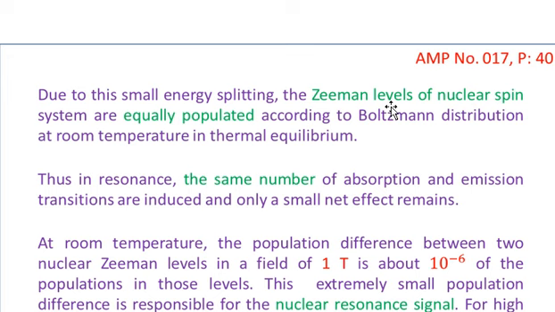If you increase the magnetic field in the same setup, then you know that these will be called the hyperfine levels of the nuclear spin. So if you consider a small magnetic field, then of course you are referring to the Zeeman levels of the nuclear spin, and these two levels must be equally populated because of the Boltzmann distribution at room temperature in thermal equilibrium.